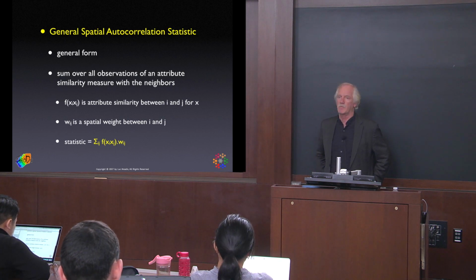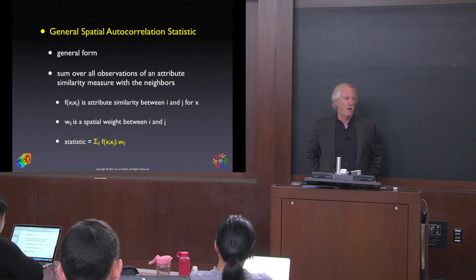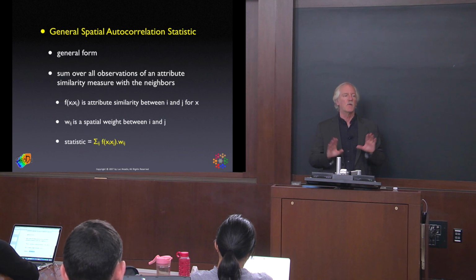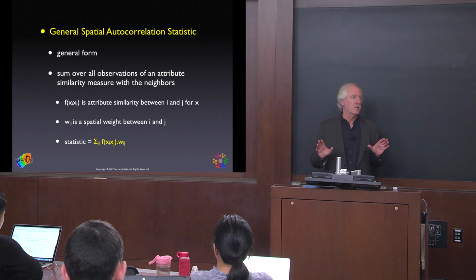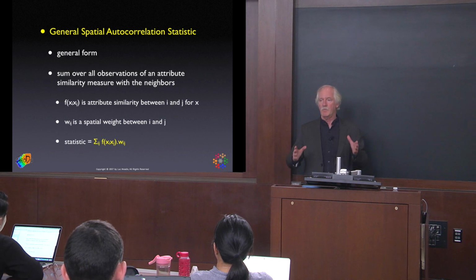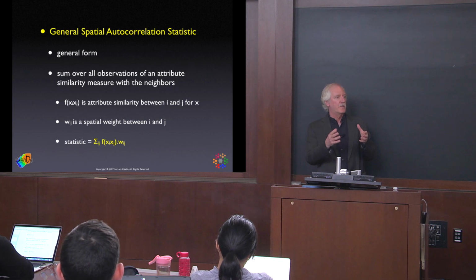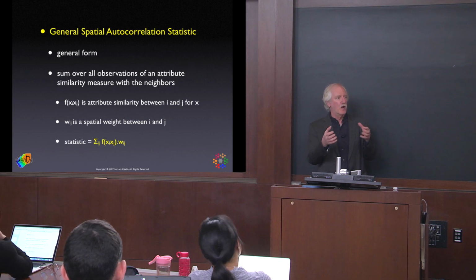They're all double sums over all the possible pairs, at least conceptually. In a second, we'll see that, in fact, it's only a sum over very few pairs, right? A double sum of this attribute similarity measure, this function that combines the values of the variable.